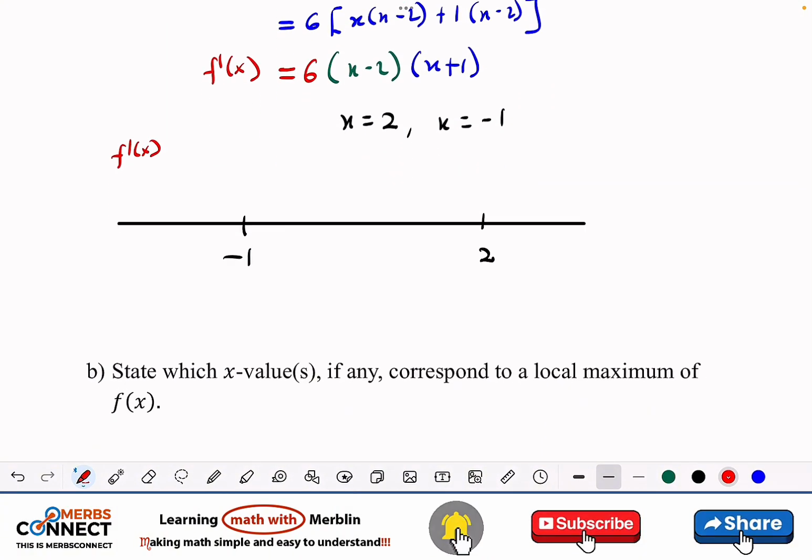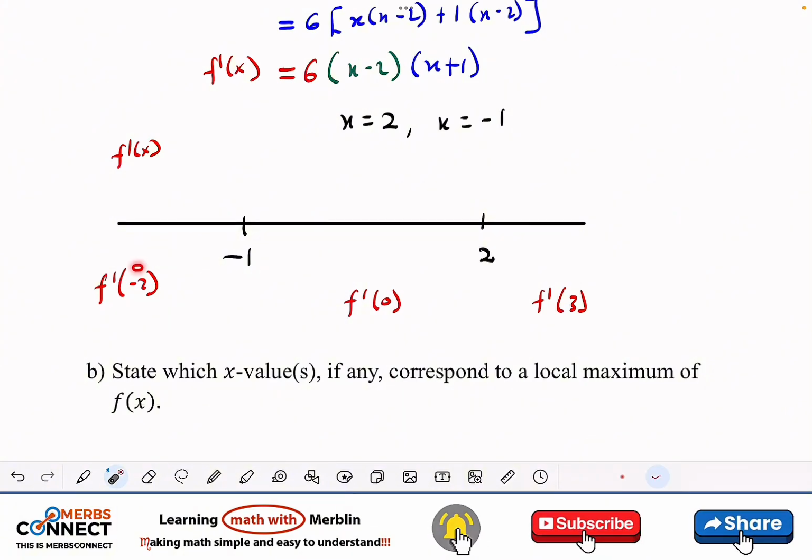So we are going to pick any value before negative 1, so we can pick negative 2. In between negative 1 and 2, we can pick 0, and after 2, we can pick 3. We want to check whether it is greater than 0 or less than 0, positive or negative.